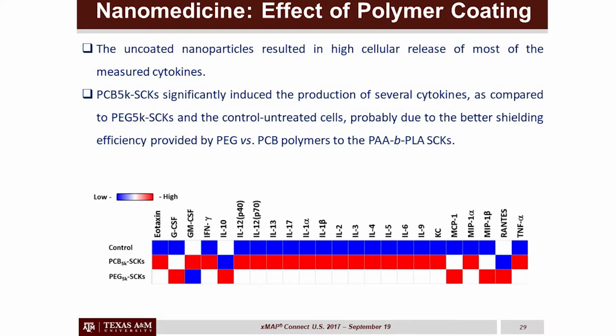The uncoated nanoparticles, the particles without polymer coat, induced a high amount of cytokines released from the tested cells, either in vitro or in vivo. The polycarboxybetaine-coated polymers induced the release of a higher amount of cytokines.